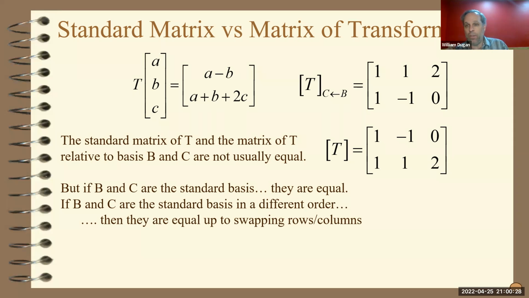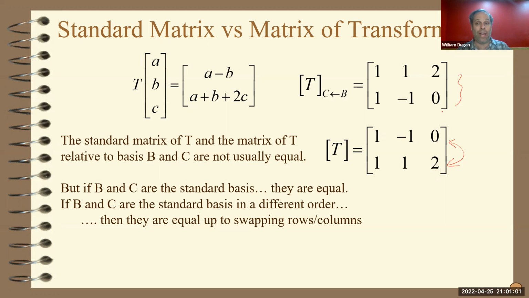Remember, when I found the matrix of the transformation from B to C, C's vectors were E2, E1. They were reversed. Because of that, if I wanted to, I could have just taken the standard matrix of T and reversed the rows, and I would have got my matrix of the transformation from B to C. Again, notice if I just take the standard matrix and flip these two rows, you get the matrix here.